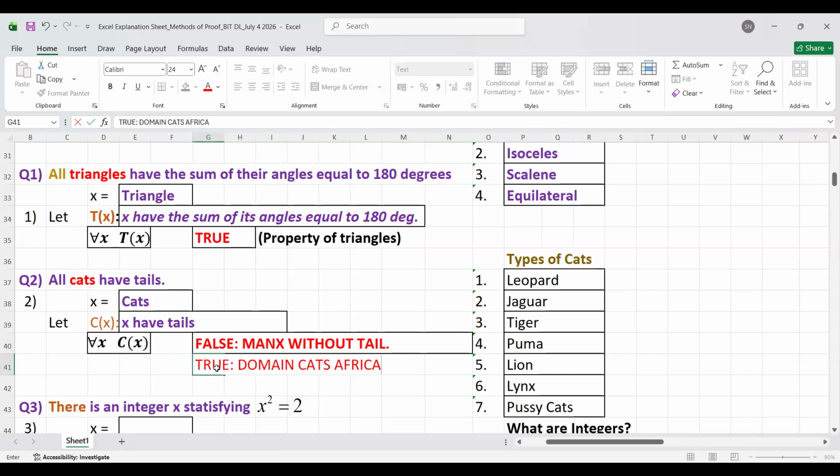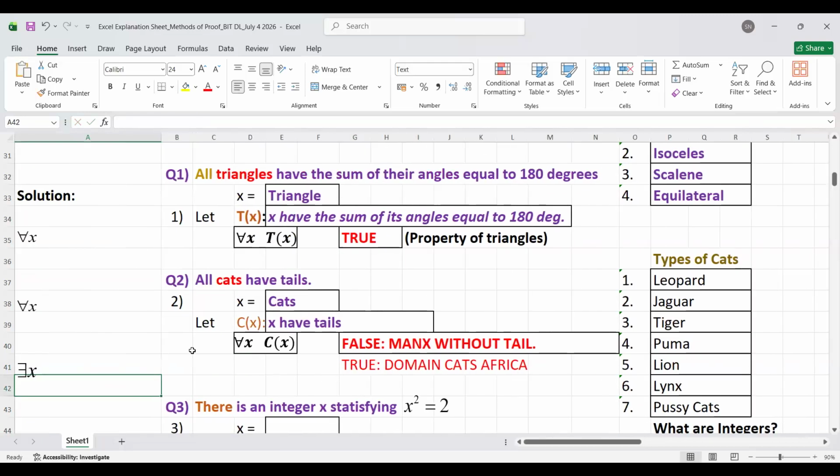So if it is research you are doing, and the question says universal, it picks a universal quantifier, then go and look whether there is a cat without a tail before you say that it is true. If you are not able to prove that, then you had better choose answers that restrict your domain to your knowledge of existence, where you are familiar. That is how we are able to prove these statements.